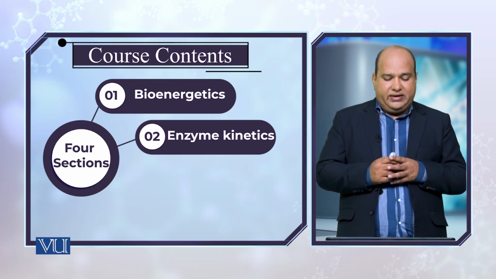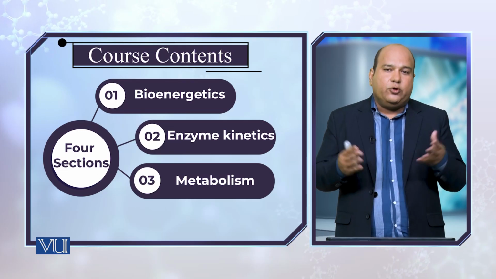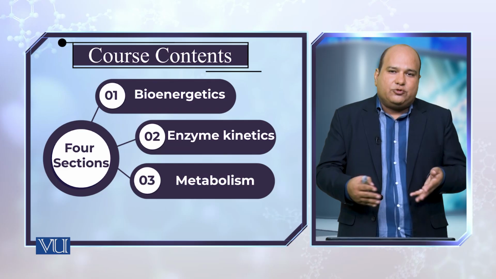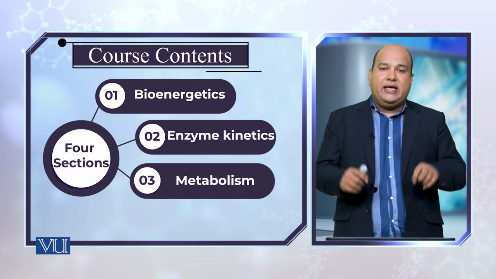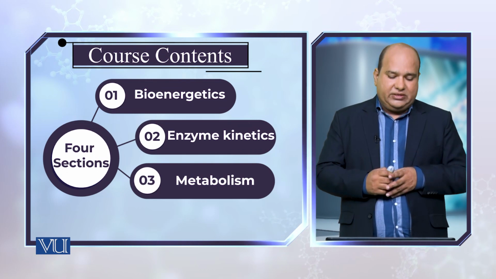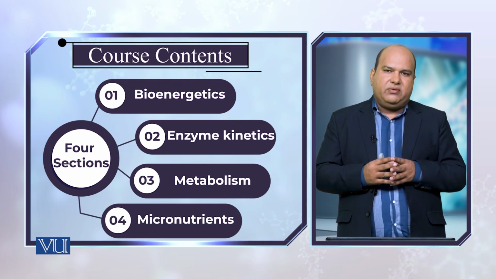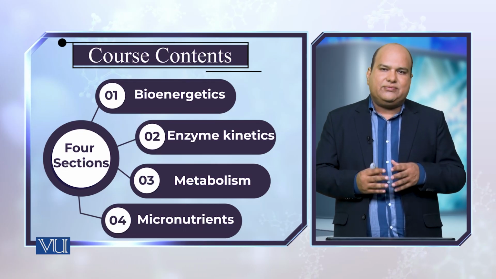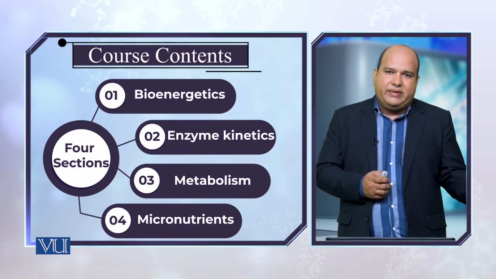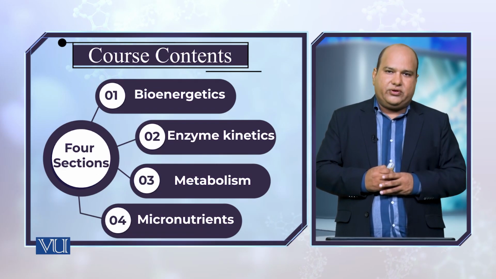So enzymes and their kinetics are very important. Then we will discuss the most important portion of biochemistry, because of which we introduced the Biochemistry 2 course, that's metabolism: how the molecules are metabolized. And then finally a short part will be on micronutrients, compounds other than the major macromolecules, like vitamins and minerals and so on.